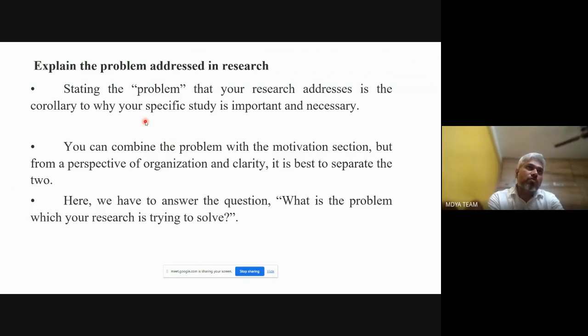So this will be the introduction part. In the introduction part, you will give an introduction of your problem's variables. You will give an introduction of your independent variable, then an introduction of your dependent variable, and other things related to it. So this is how the abstract comes.